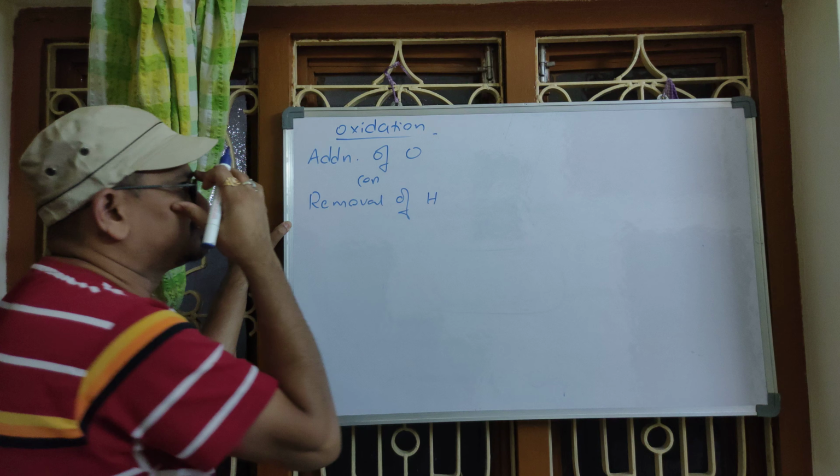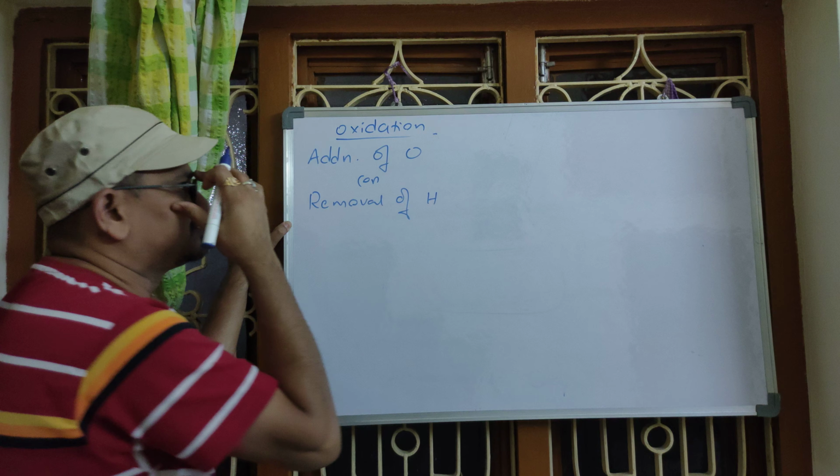Hello students, in this session we are going to discuss the topics oxidation reaction, reduction reaction, what is oxidizing agent, what is reducing agent, and equivalent mass of oxidizing agent as well as equivalent mass of reducing agent. Already in the previous classes we learnt the method of calculation of oxidation number.